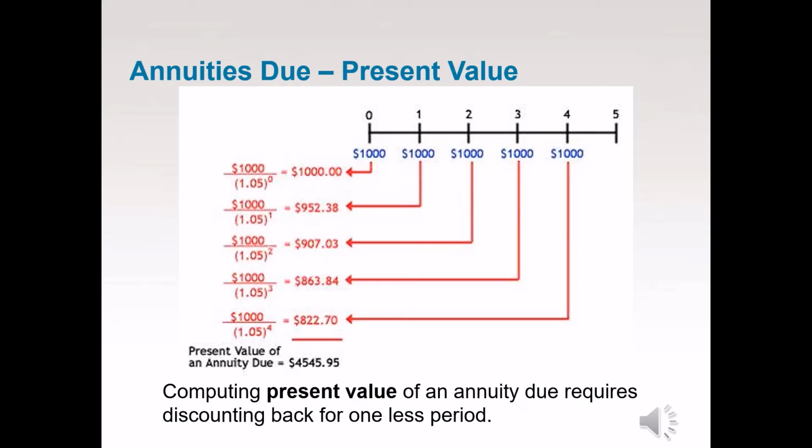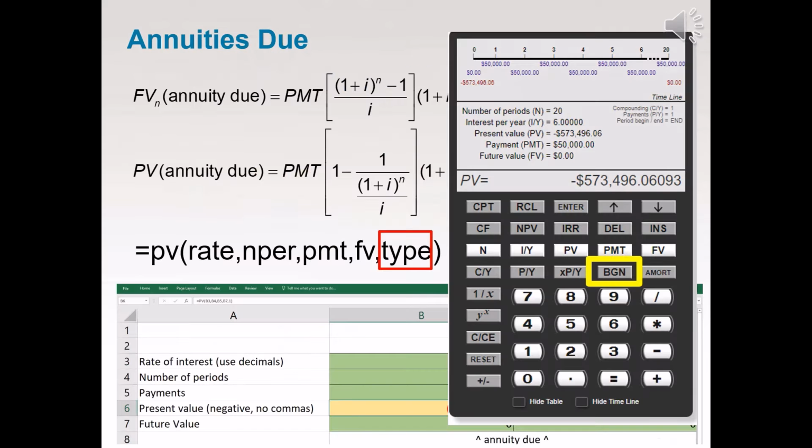It can be much more accurate to leave the calculations to your financial calculator or to Excel. On your financial calculator, there's a button BGN, which stands for beginning, and it changes your annuities into the beginning of the period rather than the end of the period.